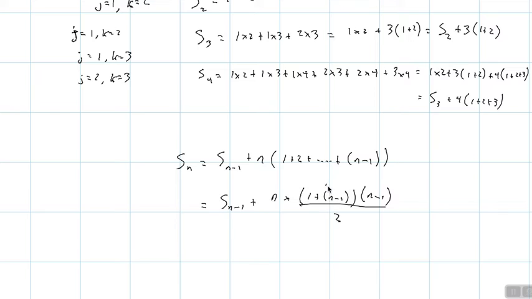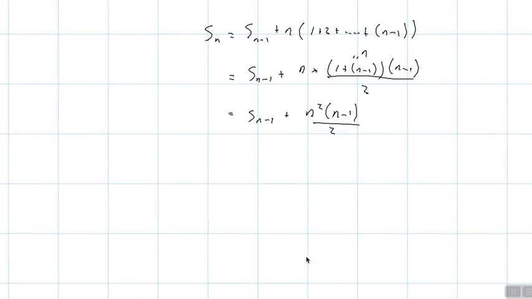And this is really just equal to n. So simplifying this, we have S sub n minus 1 plus n times n, which is n squared, times (n minus 1) over 2. So this is a generalized formula for S sub n.